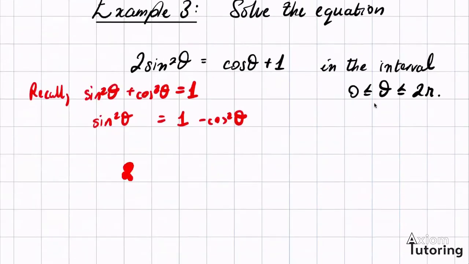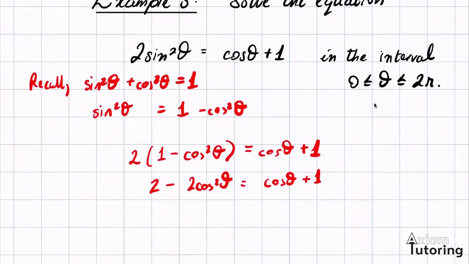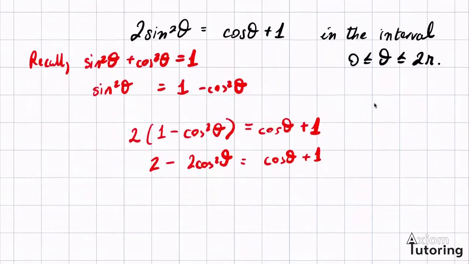We'll have 2 sine squared theta, so 2 of 1 minus cos squared theta equal to cos theta plus 1. And so let's multiply out the left-hand side. So we get 2 minus 2 cos squared theta equal to cos theta plus 1. So let's rearrange a little bit here.